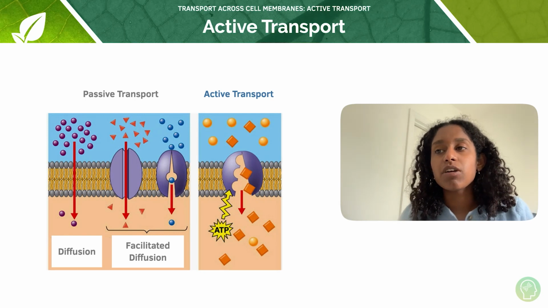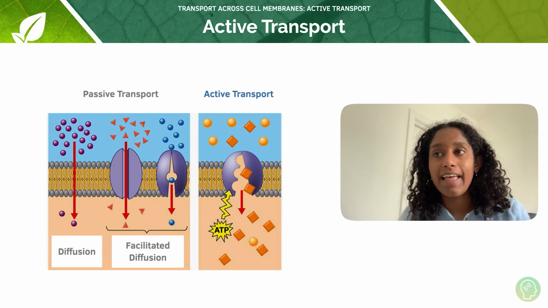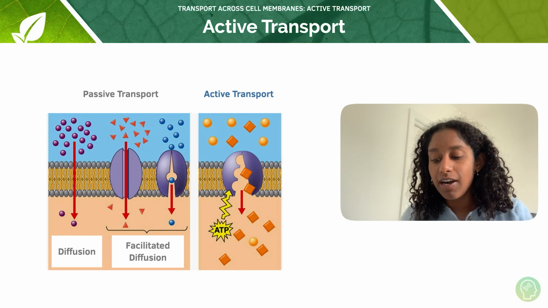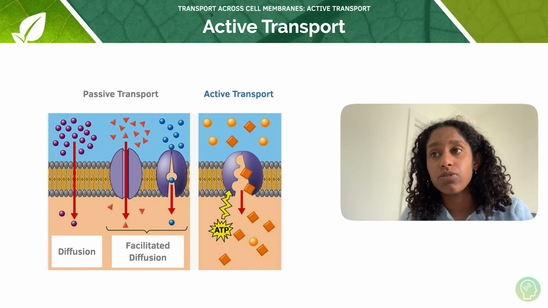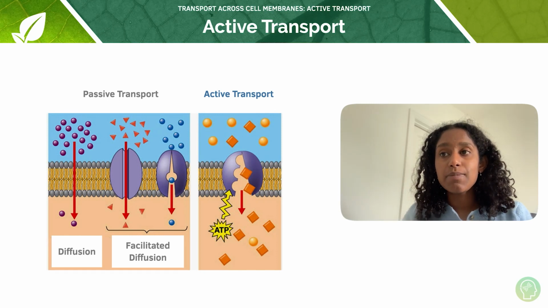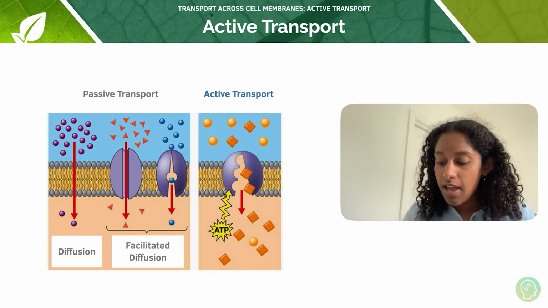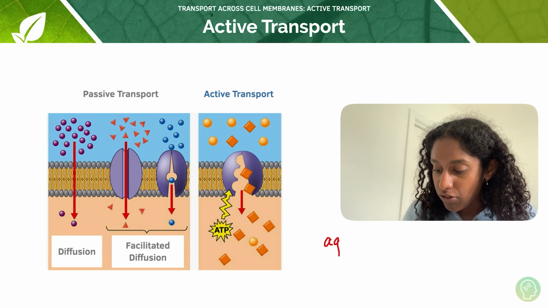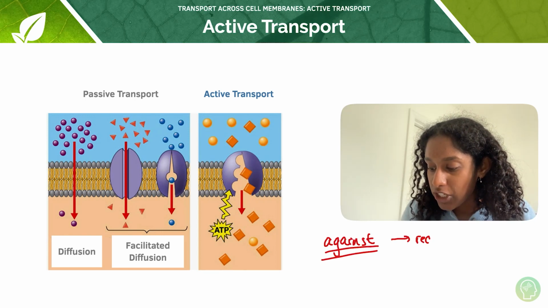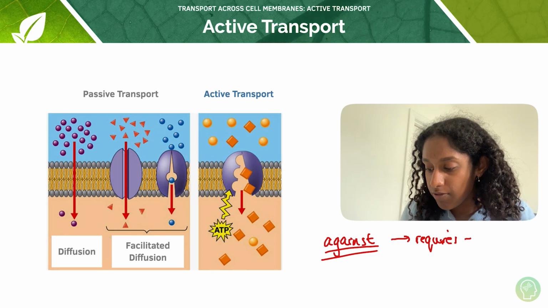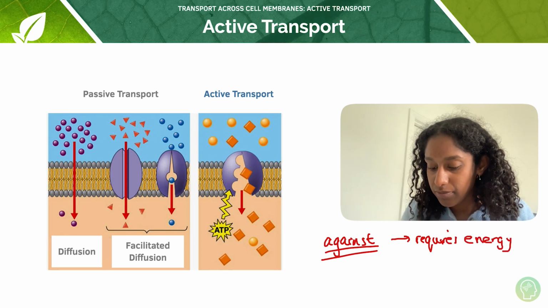Now, active transport requires the hydrolysis of ATP to provide energy to move those molecules from the low to the high concentration. So this is because moving particles against a concentration gradient requires energy. So ATP provides us with that energy.